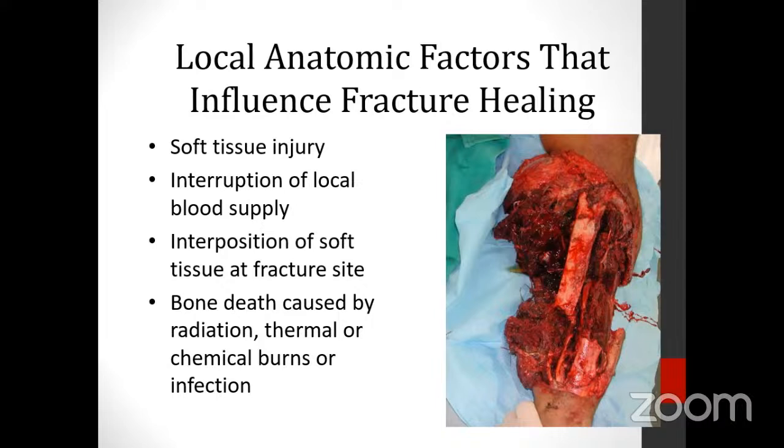So the status of soft tissue injury, interruption of local blood supply, as we said earlier, interposition of soft tissues at the fracture site, and previously irradiated or chemically treated patients, all these factors will play a role in the healing of a fracture.